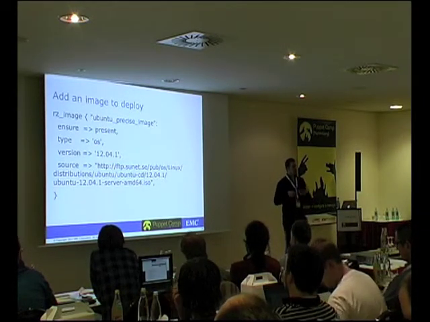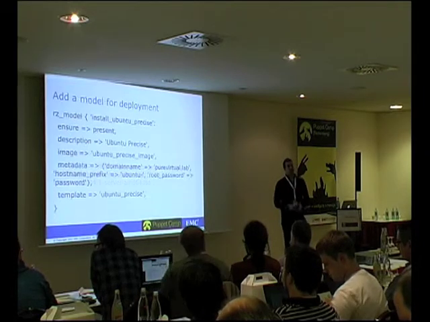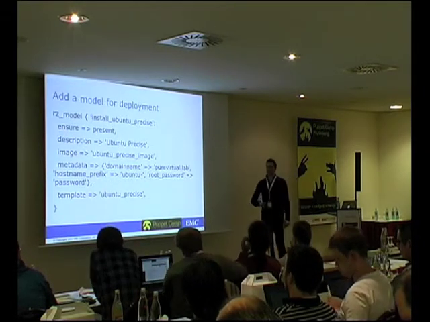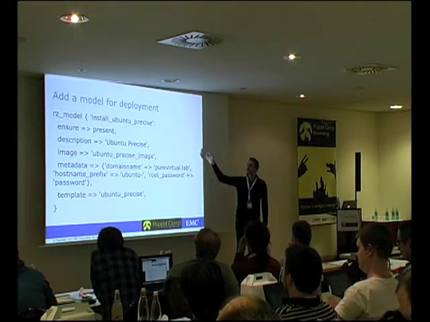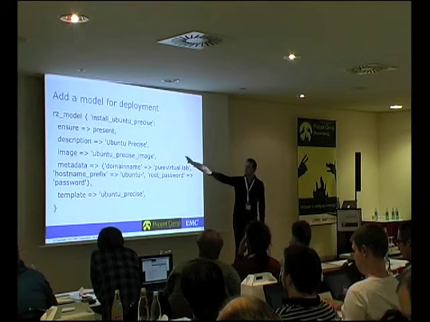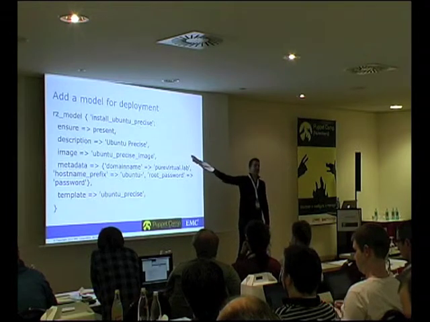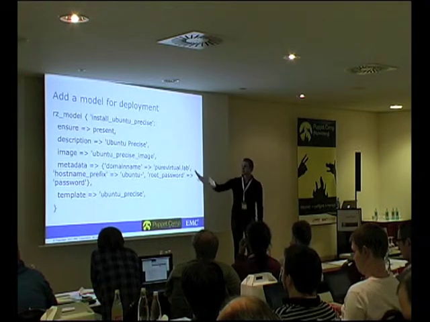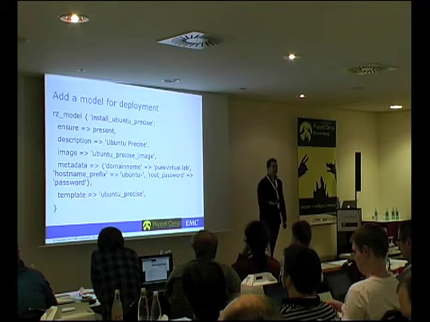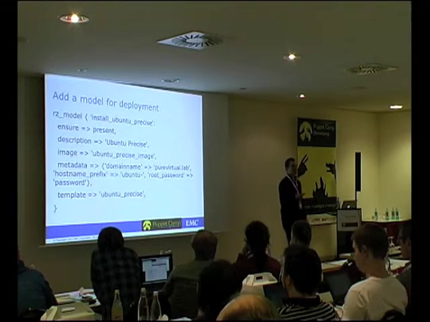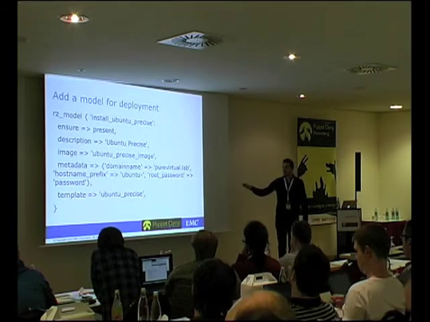So when I have an image, I can create a model. So this is how the model looks. I have a model called install Ubuntu Precise. I am using the image that I've already defined, and then I put in some metadata such as domain name, host name prefix, and my very, very secret root password. That's all there is to it.